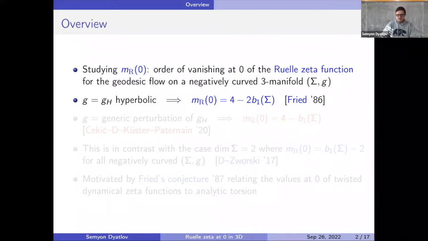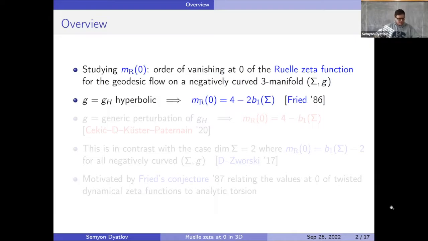So I'll have a negatively curved manifold, and I'll define what a Ruelle zeta function is in a couple slides. It's some kind of function that's constructed using the lengths of closed geodesics on this manifold. And then I'll be studying the vanishing order at 0 of this Ruelle zeta function. Why?